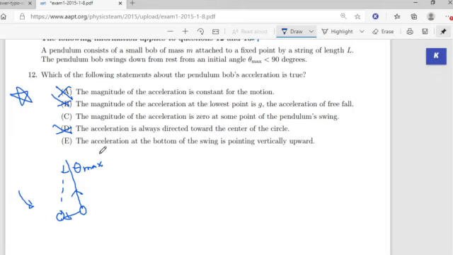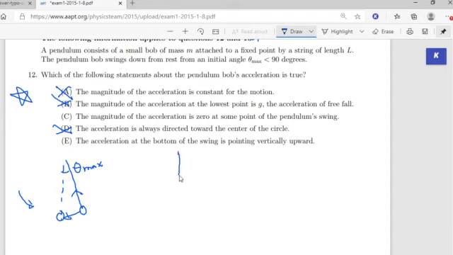Okay, so we narrowed it down to C and E, and magnitude acceleration is 0 at some point in the pendulum swing.